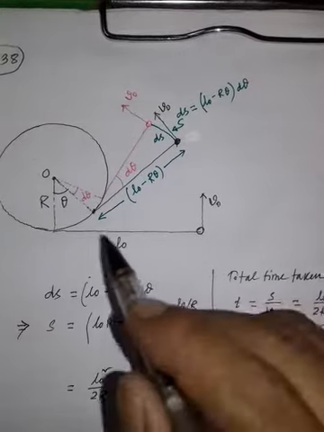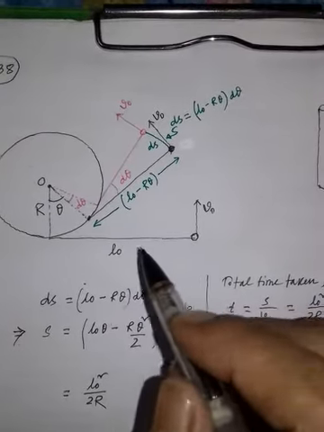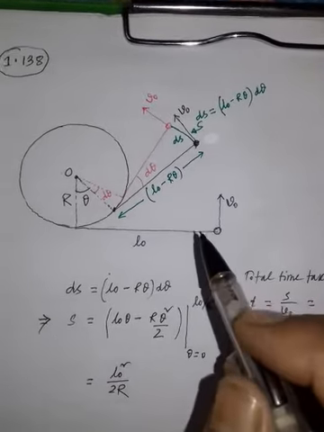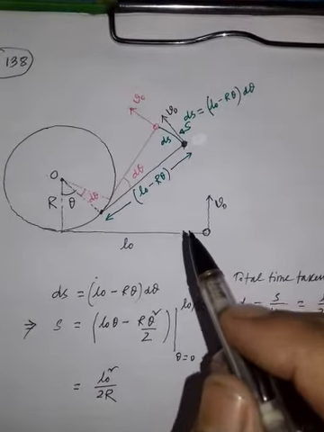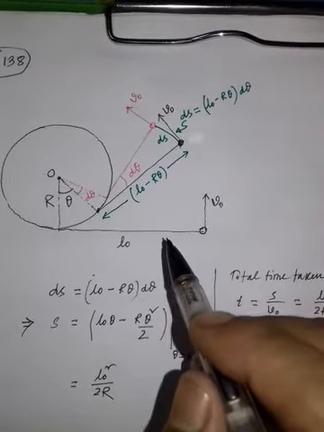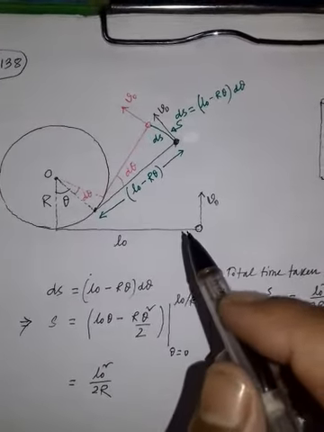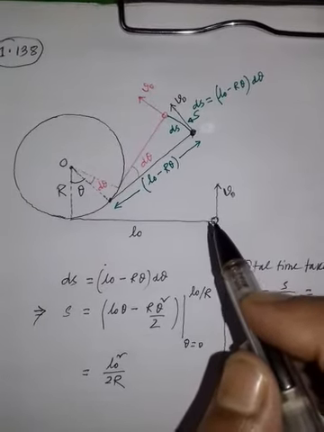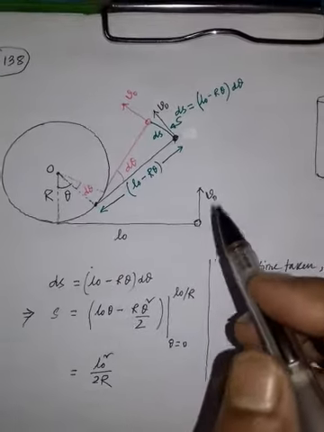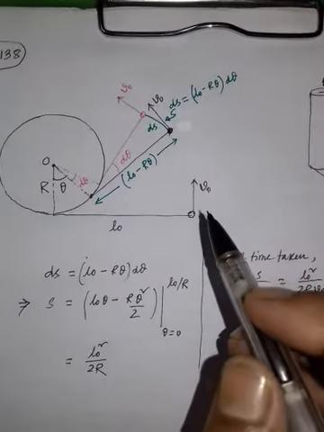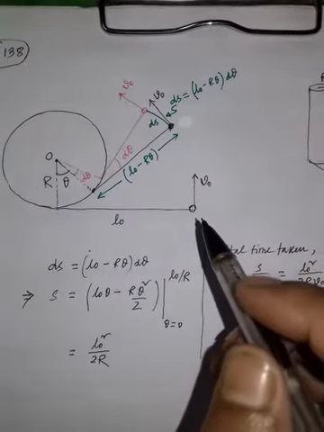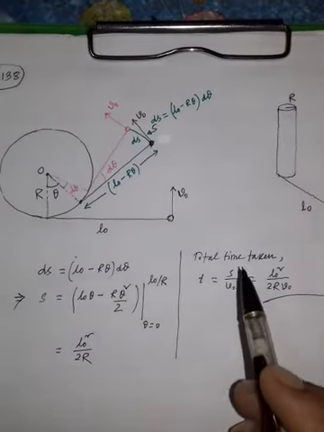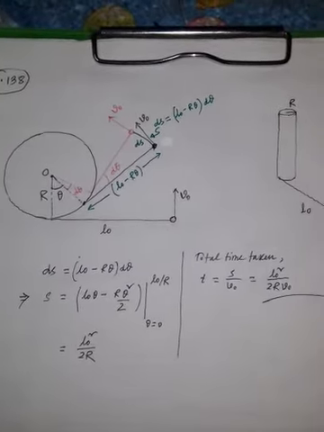So this tension will have no work done. So the kinetic energy of the disc will be conserved, and the velocity V0 will remain intact. So the total time taken would be S by V0, which is equal to L0 square by 2r V0.